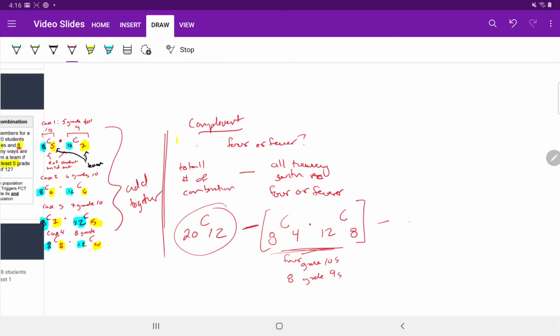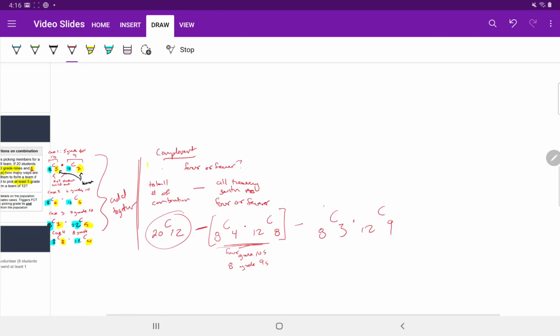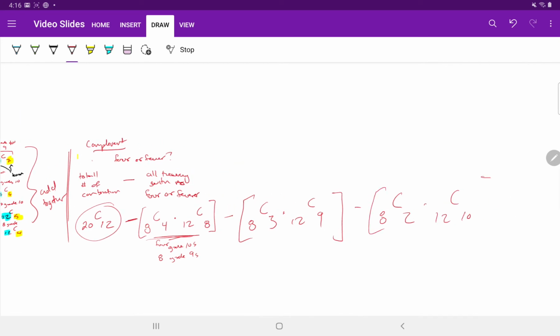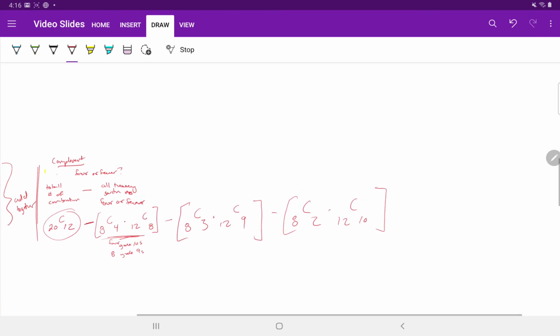And then I rinse and repeat, and I can say 8 choose 3 times 12 choose 9. Again, same thing. Then I can do 8 choose 2 times 12 choose 10. Rinse and repeat. I've got to zoom all the way out here because it's a little bit longer. Minus 8 choose 1 times 12 choose 11.